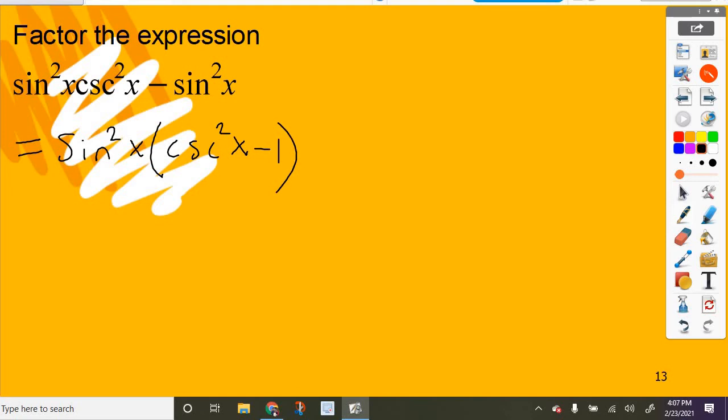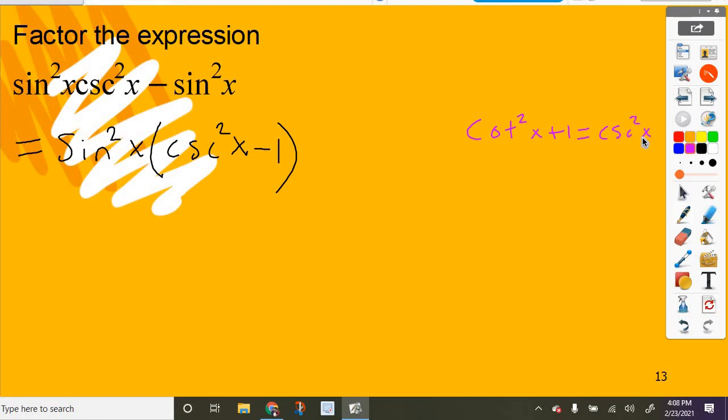Now, a big thing here is to check and see if we can simplify anything. And in this case, we will be able to simplify. So notice that on the inside of my parentheses, I have a cosecant squared of x minus 1. And hopefully we recall from our first lesson that that's not one of my Pythagorean identities. However, it looks really similar to one of them, the Pythagorean identity that has cosecant and cotangent in it.